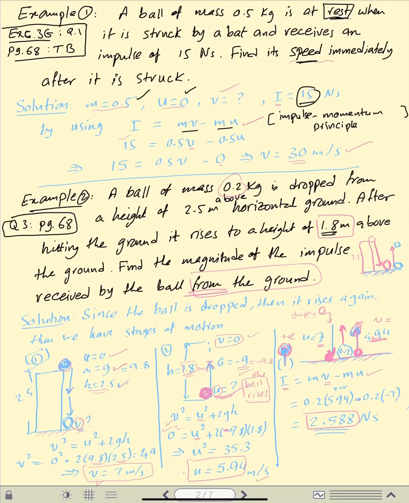Minus from the low, 0.2, which is the mass, times -7, because this is opposing the direction of the impulse that he wants. Because of this, we put -7. By replacing 0.2 times 5.94 minus 0.2 times -7, you will get the impulse is 2.588 Newton second from the ground on the ball. This is one of the ideas that may come in the exams.